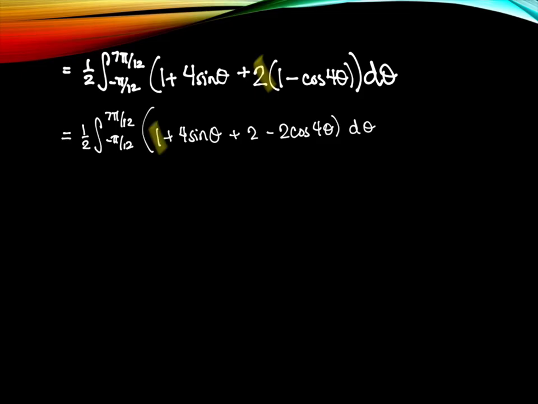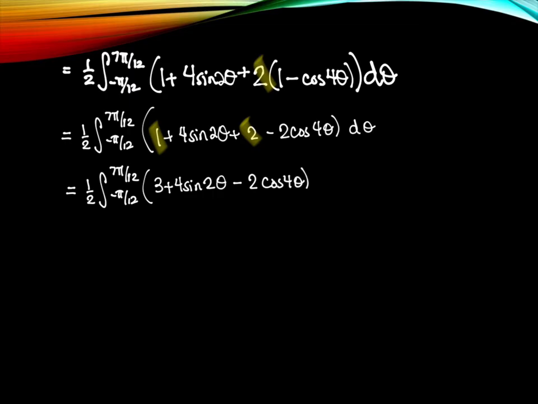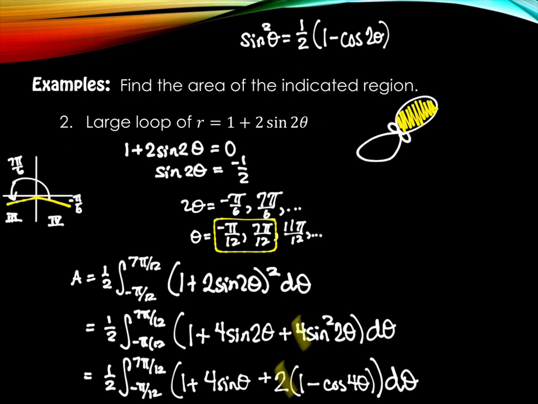And I should be able to combine my 1 and my 2. So the first part stays the same. Now I have 3 plus 4 sine 2 theta. That's what I was thinking. I was like, I think I missed a 2 here. 2 theta minus 2 cosine of 4 theta. I'm just fixing my previous screen.